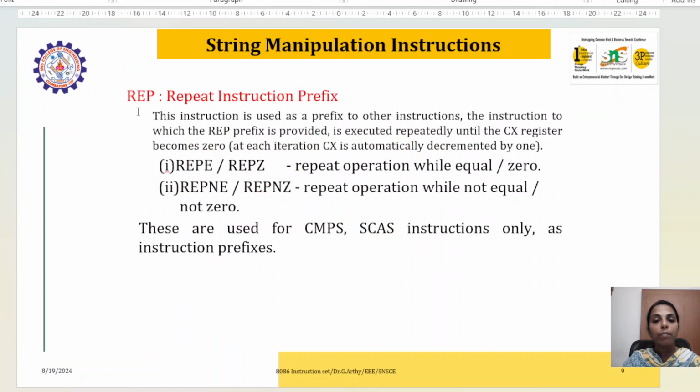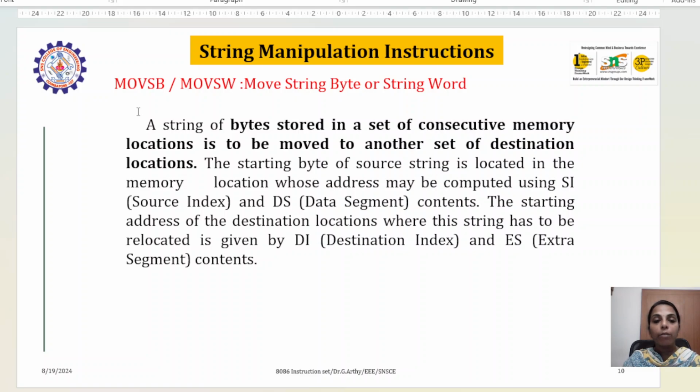Then we have the string manipulation instructions, that is REP, repeat. This instruction is used as a prefix to other instructions, and the instruction to which the REP prefix is provided is executed repeatedly until the CX register becomes 0. So whenever we want to keep repeating a particular set of instructions, we use this. Then we have MOVSB. S here relates to string.